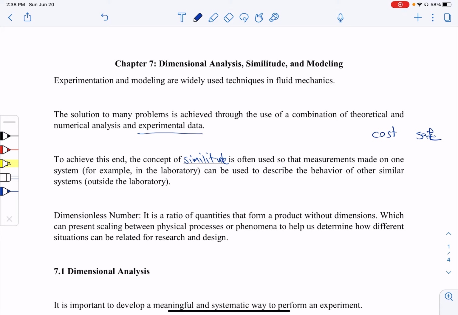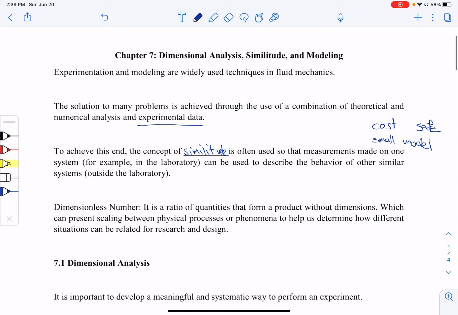So what if, instead of making a real giant wind turbine, which is extremely expensive, we just make a small model and test it in the laboratory? So it brings down the cost significantly, and it is safer and also easier to test, right?